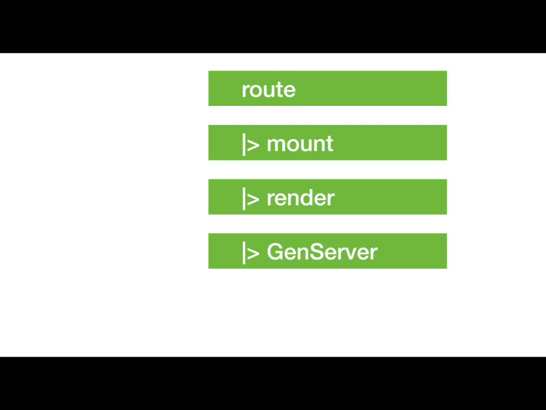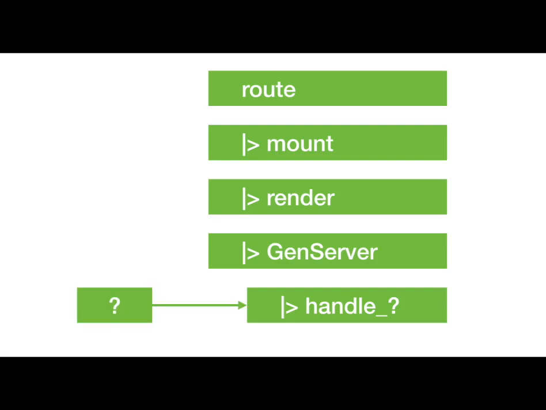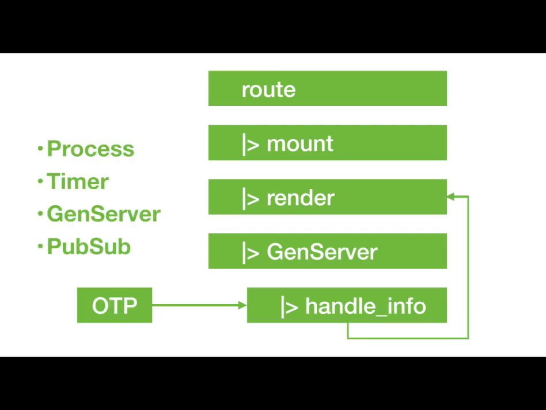So at some point, something's going to happen in the application, and we're going to have to handle that input. And when some type of event comes in, it's going to call back into the render function, which means that now we can change the data. And if we change it from the OTP perspective, it's going to come in through handle_info.